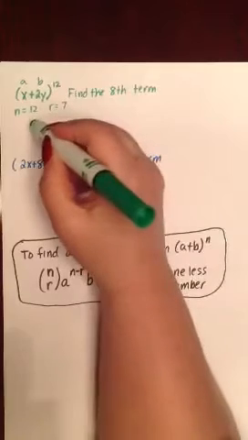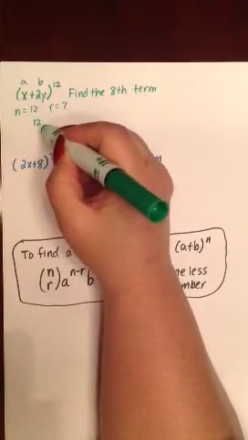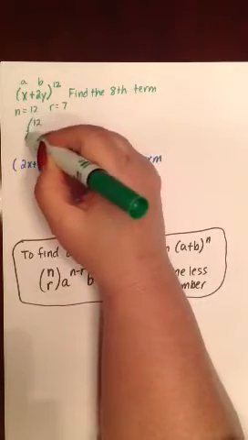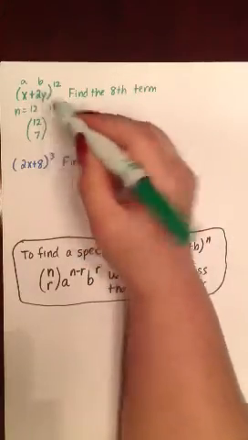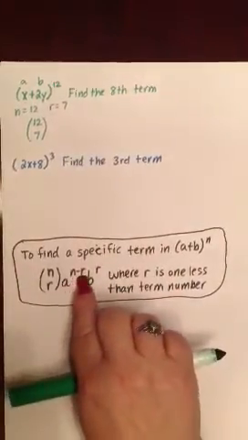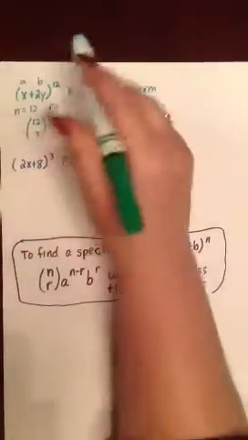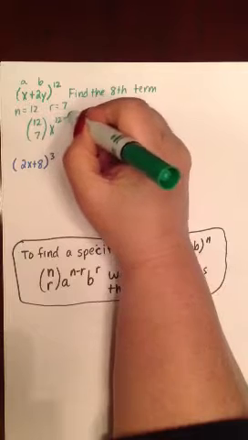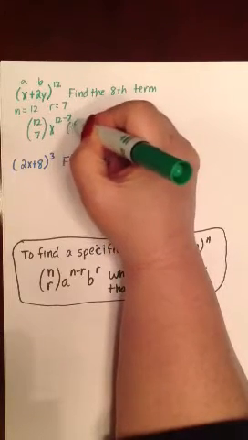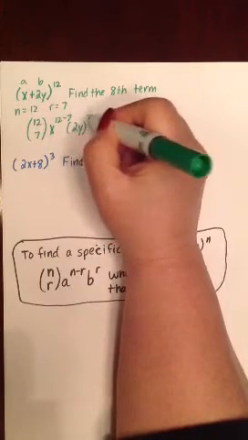So to find this, I'm going to say 12 things taken 7 at a time. So I'll go 12 nCr 7 when I put it in the calculator, and then it said a to the n minus r, so instead of a, I'm going to put an x, so it'll be x to the 12 minus 7, and then (2y) to the 7th.